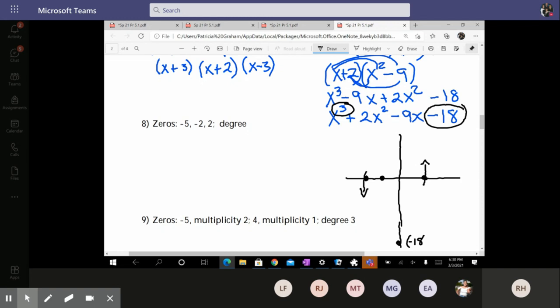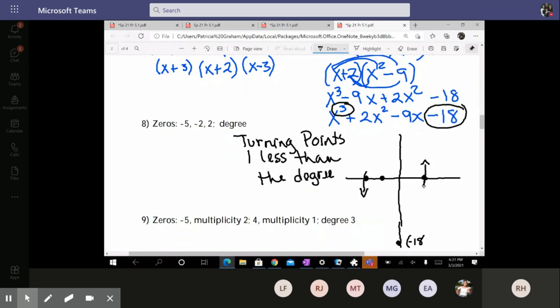Okay, another vocabulary word. Turning points. How many times will my graph turn? One less than the degree. So if I have a degree of 3, this graph is going to turn 2 times.